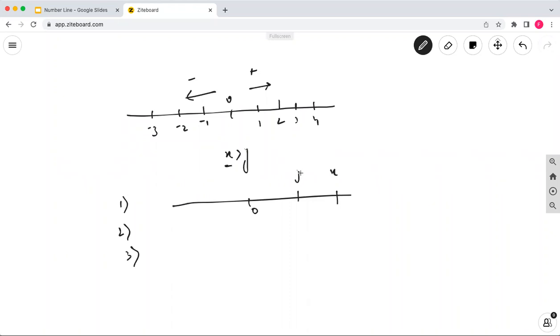The other scenario is if I consider both as negative, so how can I represent that? This will become x and this will become y. And the third scenario is if I consider one as negative and one as positive, so this is x and this is y. This is the usual representation of the relationship between two variables on a number line.